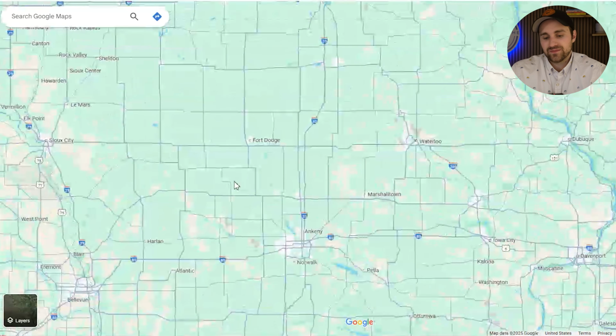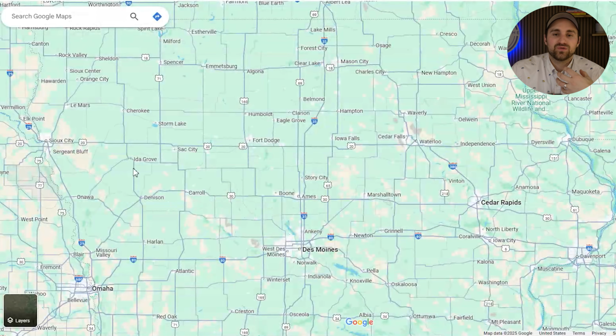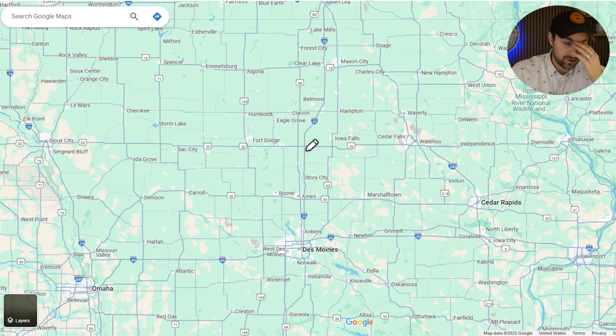Now, if you're somebody that wants to be more rural, more agricultural focused, you're probably going to be around central Iowa in the fact that everything is basically a cornfield. This is really where we talk about agriculture being the number one thing going on, but it's not just central, because obviously the cities are in the central Iowa area.